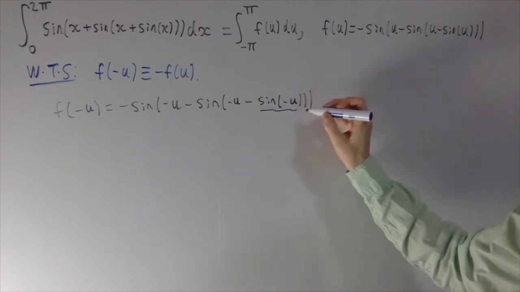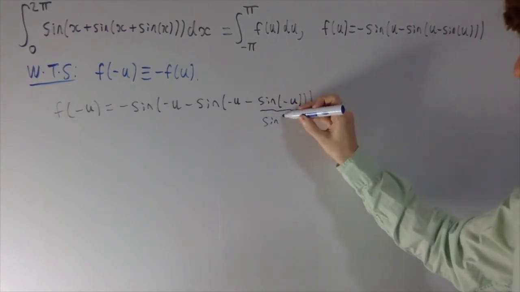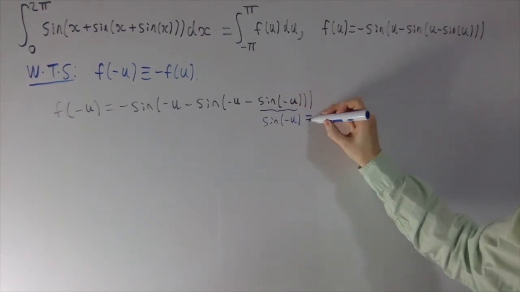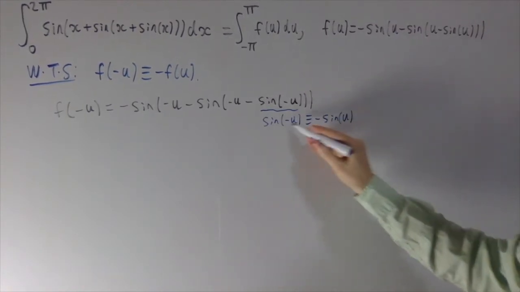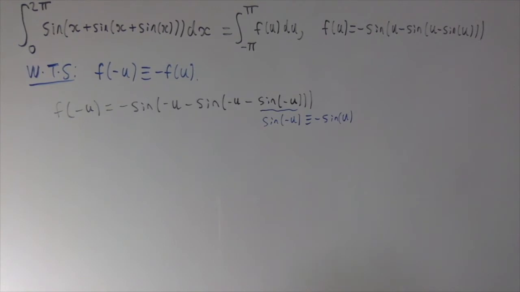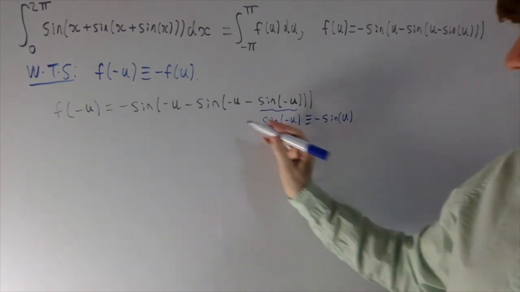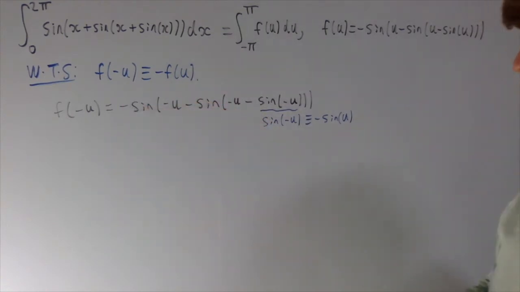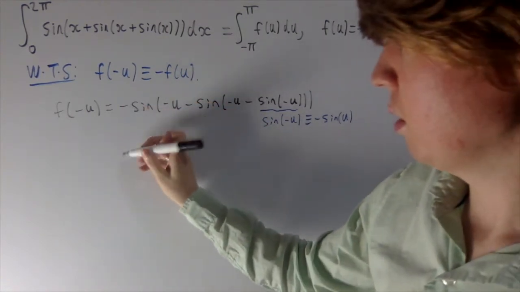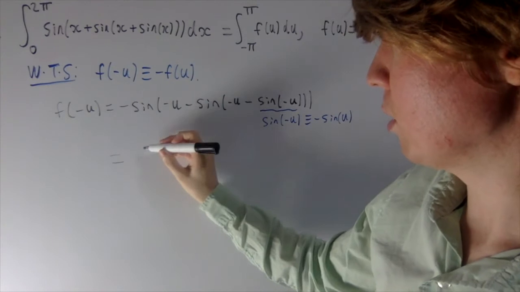For example, sine minus u is the same as minus sine of u, because sine is actually an odd function. And we'll be able to use similar tricks to get rid of some of our other negative signs in here as well. So what is f of minus u equal to then?